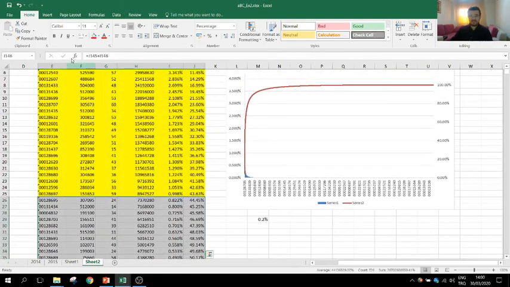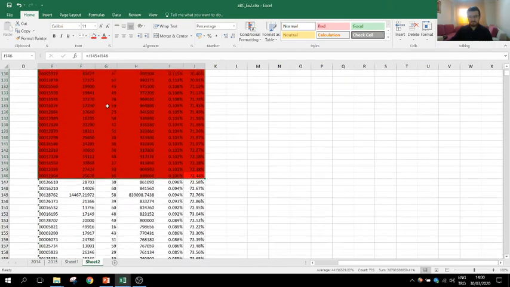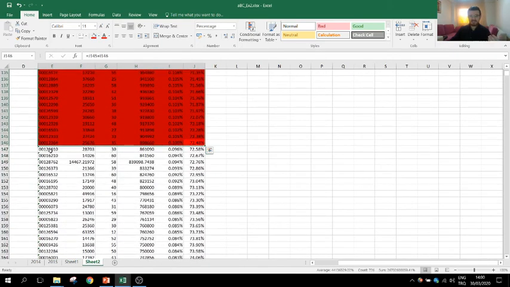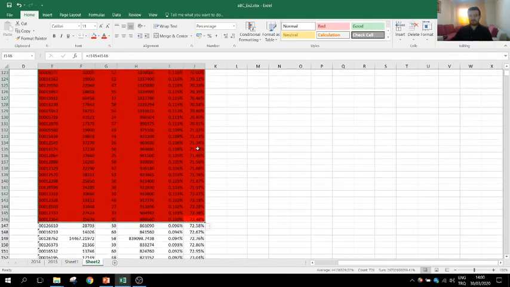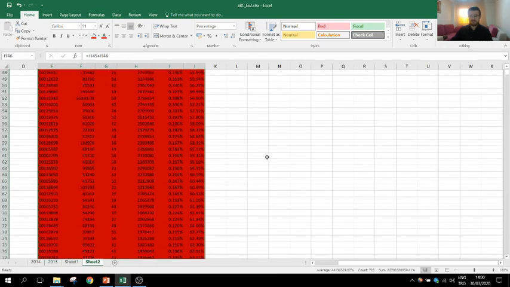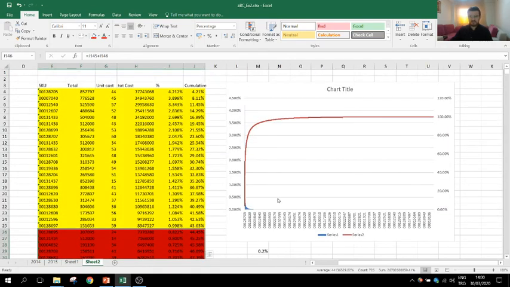So they might be assigned as class B, and the rest, more than 10,000 SKUs, will be located in class C, and they will cause almost 28% of my inventory cost. Okay, so in practice you have to play with those numbers, and this is the Pareto front of this example. As you see, this is a typical Pareto front, and this is the cumulative percentage.